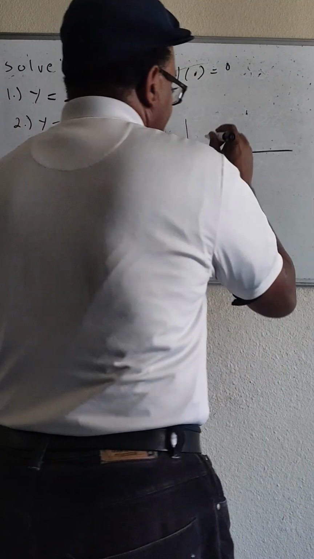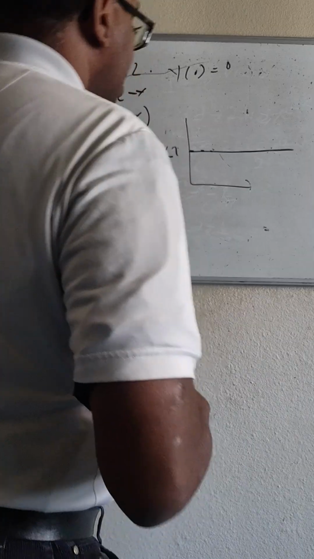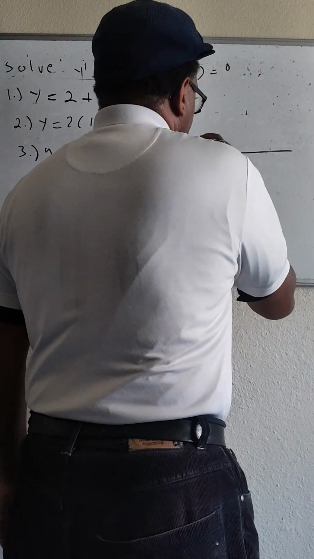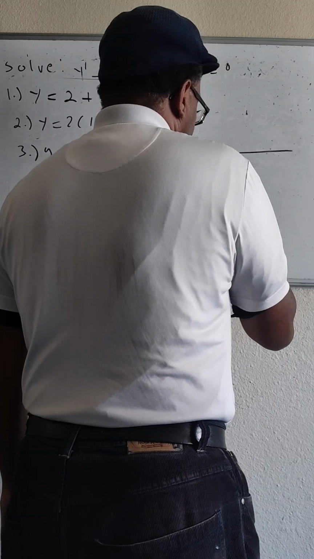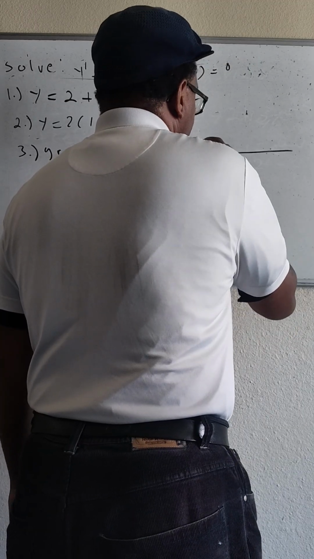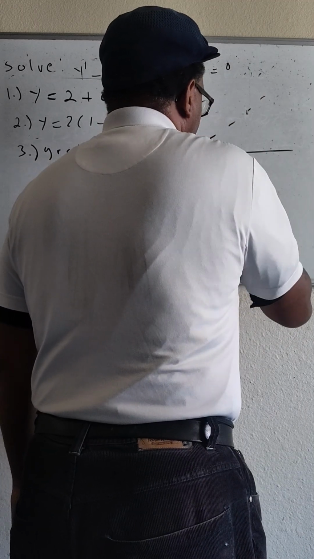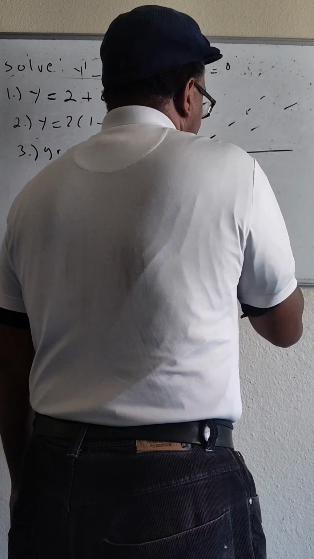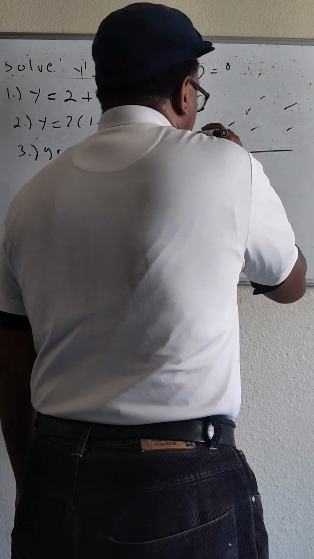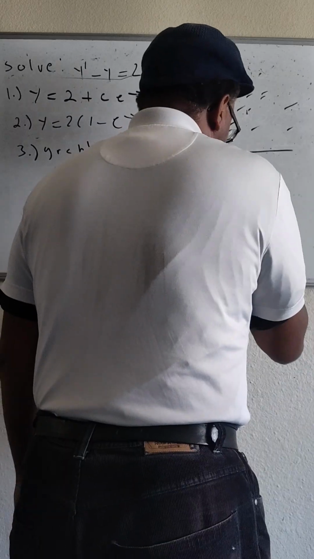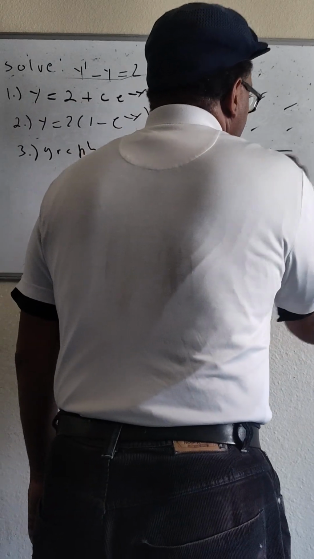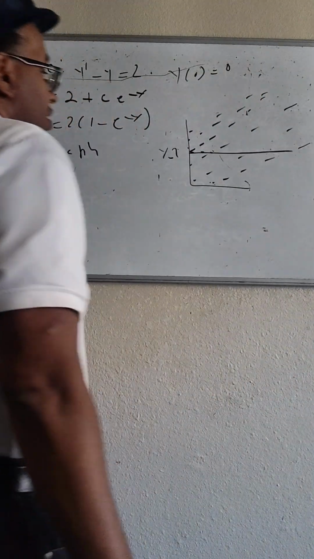And anything above here, it's going to be looking like this. It looks like it's going like this, right? Looks like a straight line. So that's our graph. Looks like a straight line to me.